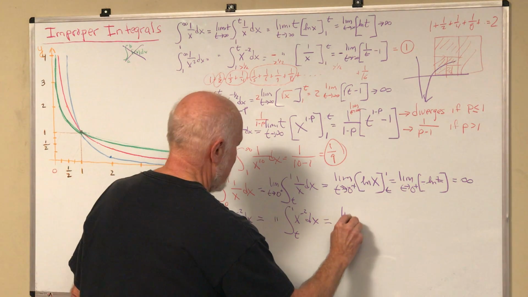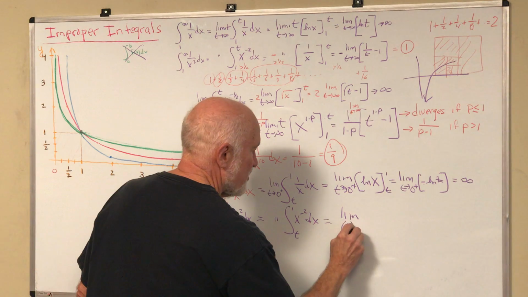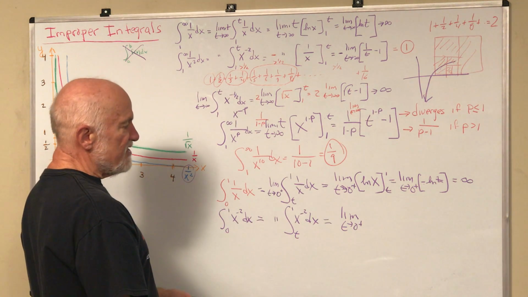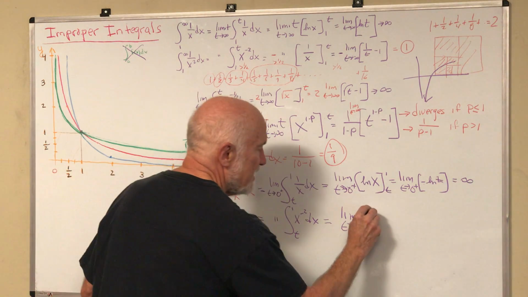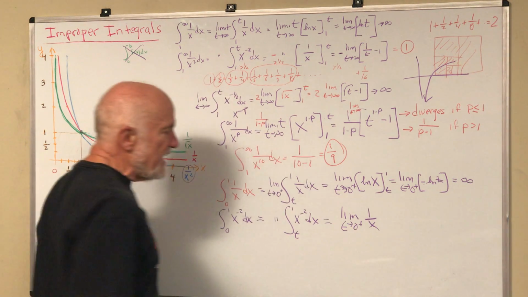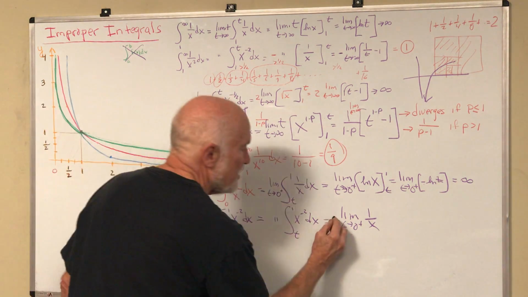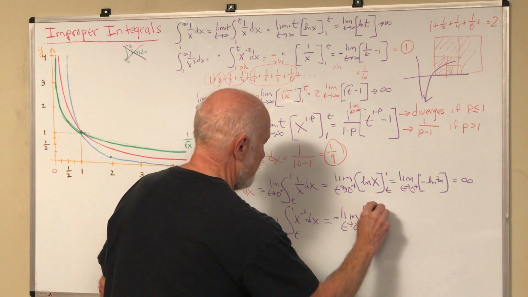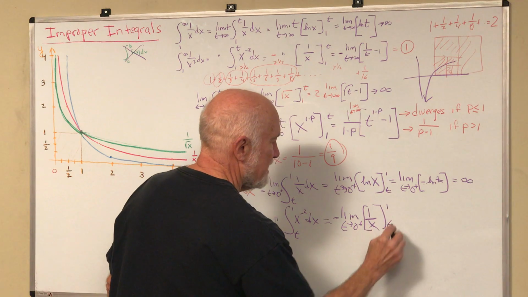So you get the limit as t approaches 0 from the right, and the antiderivative of that is x to the negative 1 divided by negative 1. So again, we could bring that all the way out, and you're going from t to 1.